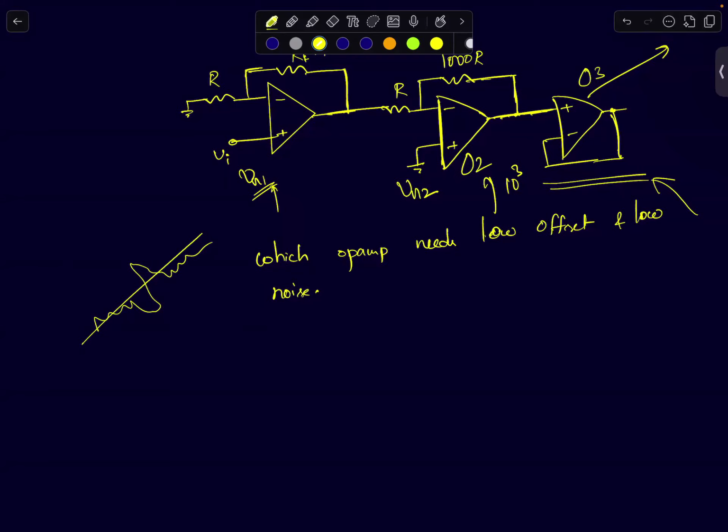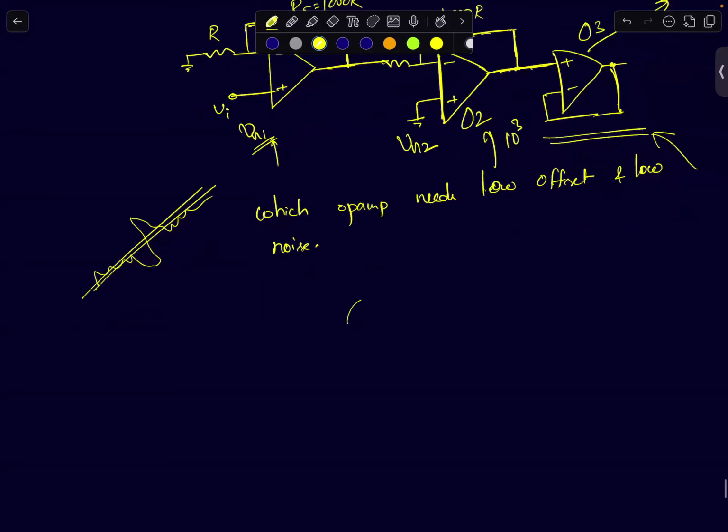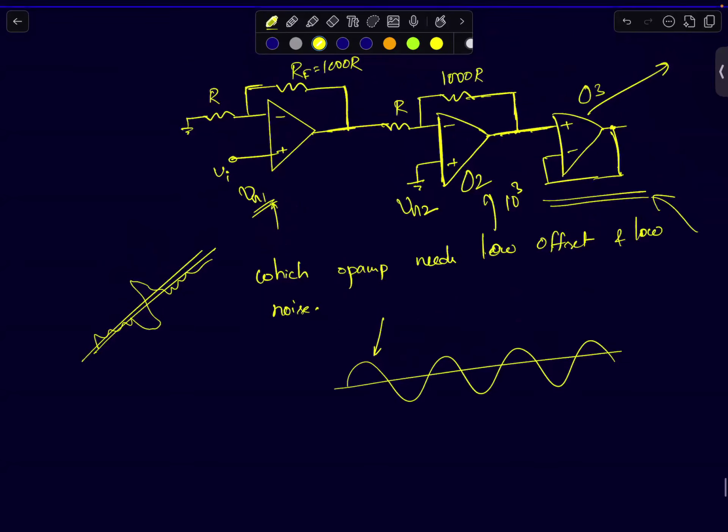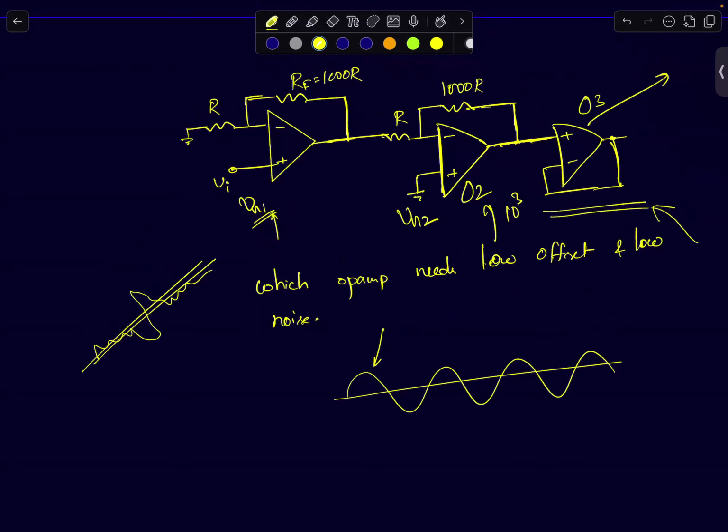For example, if noise was a pure sinusoid, that's a fixed signal. If it's a pure sinusoid, then I can cancel it out. I can always apply an AC signal, which is a sinusoid, and cancel it out. Previously, using a potentiometer for offset nulling, I was applying some DC signal and canceling it out.